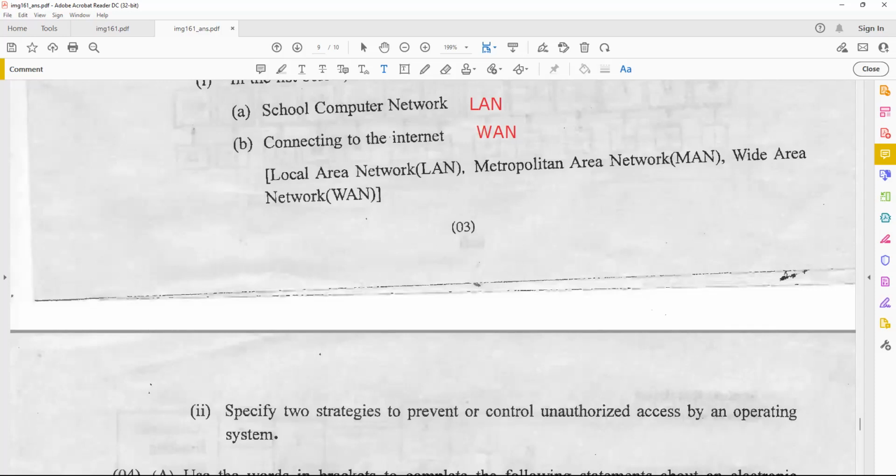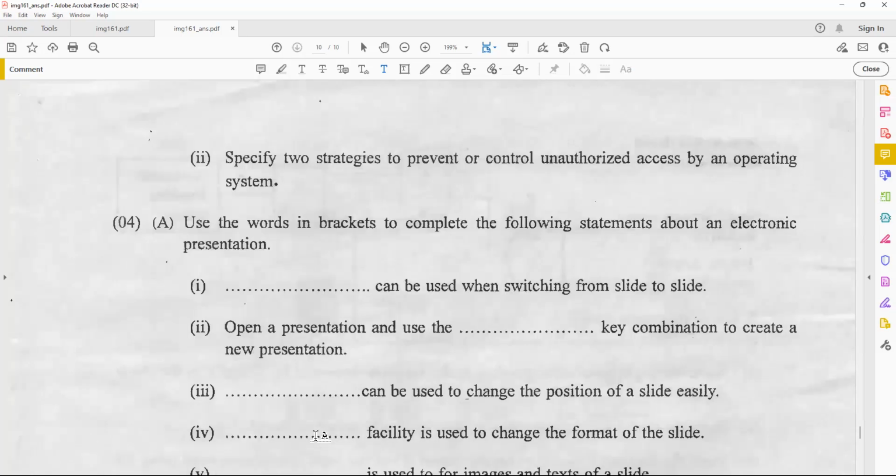You can use usernames and passwords. What else? Yes, one strategy is the use of username and password. Two strategies.